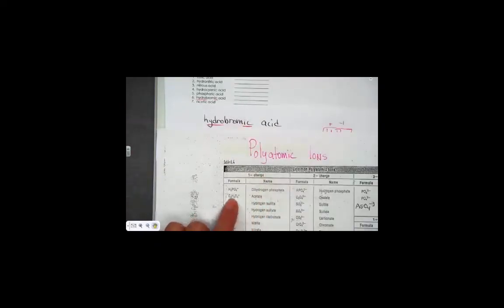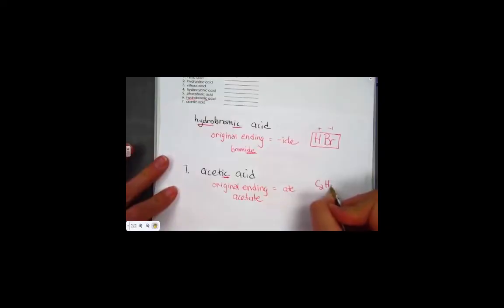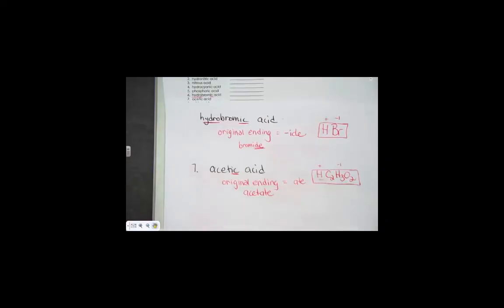Acetate is C2H3O2 -1. So when we place our hydrogen out front, hydrogen acetate becomes acetic acid. Do not combine the H's. We wouldn't recognize it as an acid. It has to start with the H in order to recognize it as the acid formula. H, C2H3O2, acetic acid.